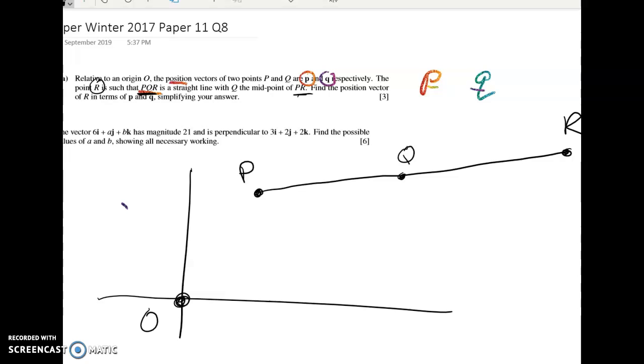So the position vector P is this vector here. The position vector is always the one that goes from the origin to the point, and the position vector Q is this one here. So what is position vector R? Well, there's a few different ways to think about this. Let's just start from scratch.